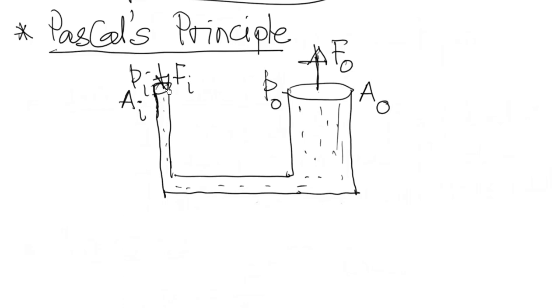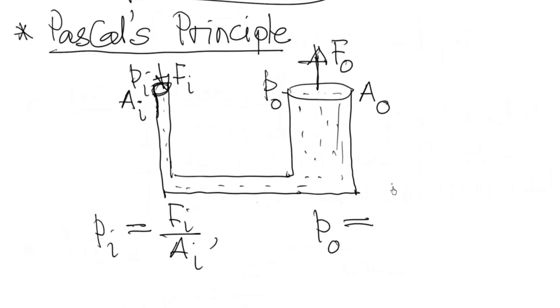Now the area of cross section at the input end is Ai, so the pressure Pi is Fi by Ai, and similarly the pressure at the output end is force. This force actually will be balanced by some weight here we have not shown here.